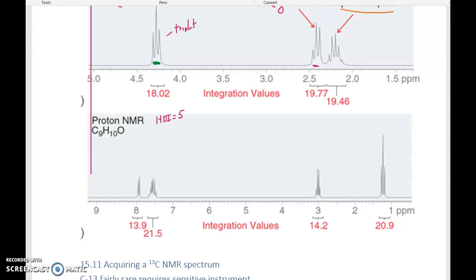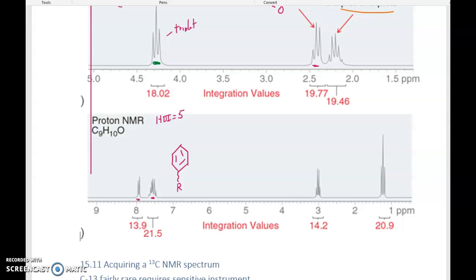That's highly suggestive of a ring. And so we've got these down here that are pretty low, that are probably involved with our ring. It's aromatic. And I'm going to assume that it's got an R group off of it somewhere.